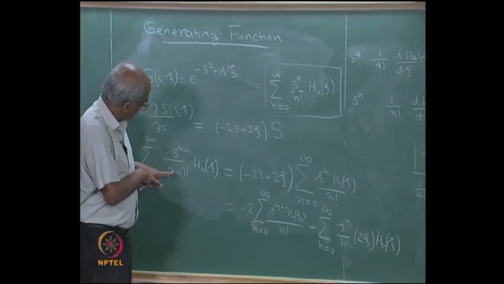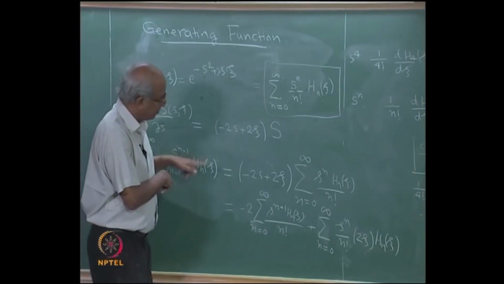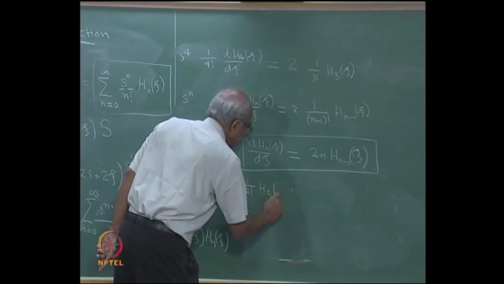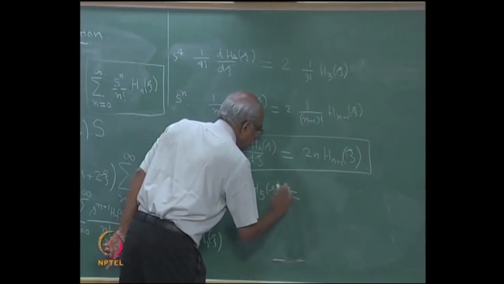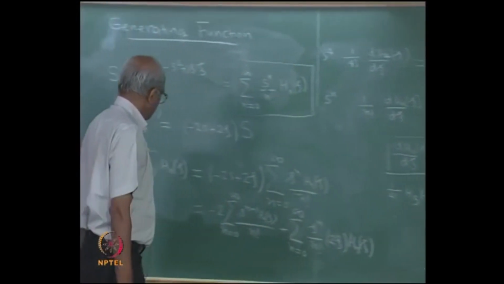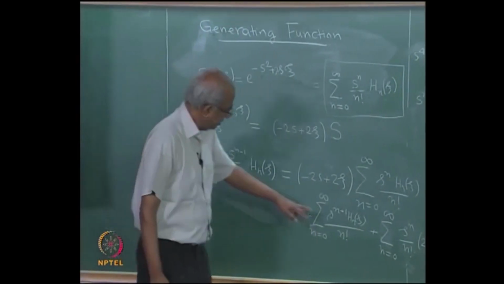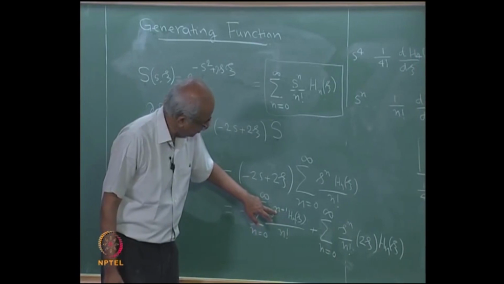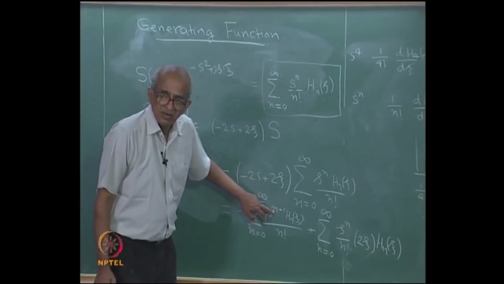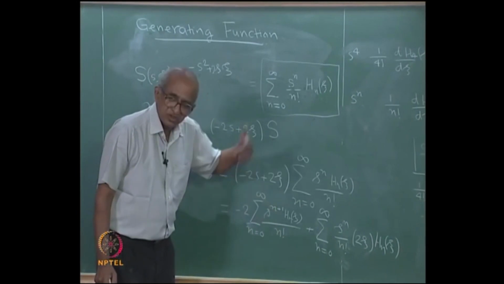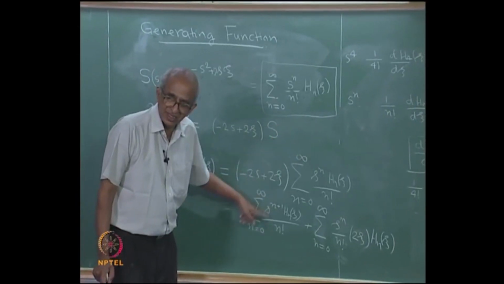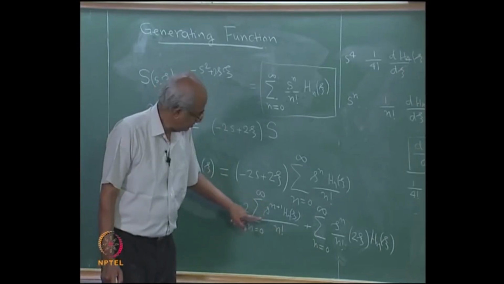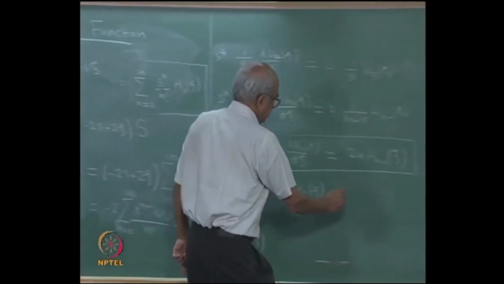So n minus 1 is 4, that means I will get 1 by 4 factorial h 5c is equal to the right hand side. In the right hand side, you see you have to have s to the power of 4, that means n plus 1 should be equal to 4, that means n is 3, right.